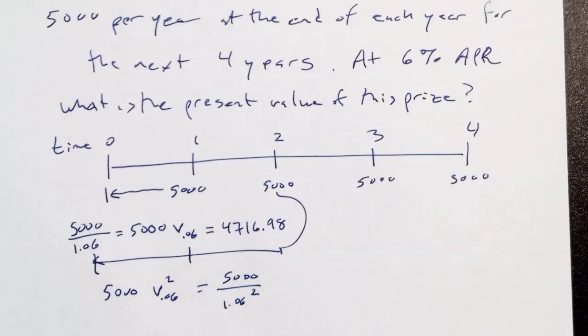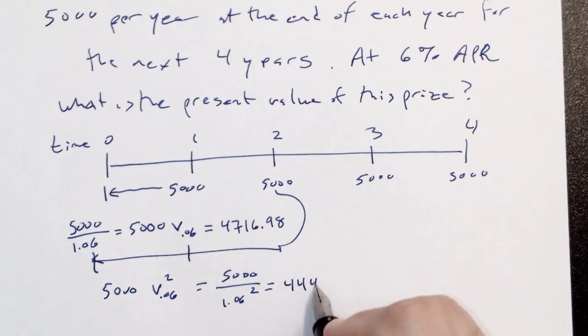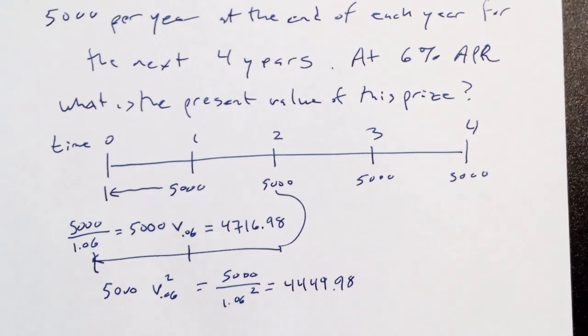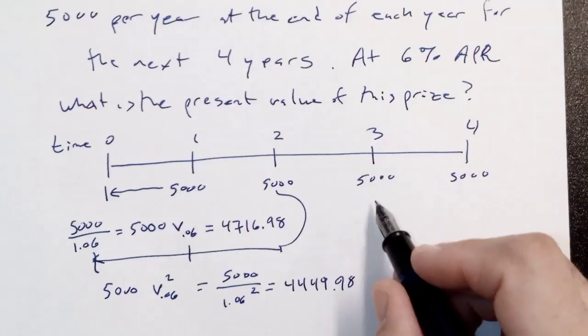So I'll earn more interest. I can leave it there longer. What's this number? It's like 1,449.98. And then I'll do it again for this one.